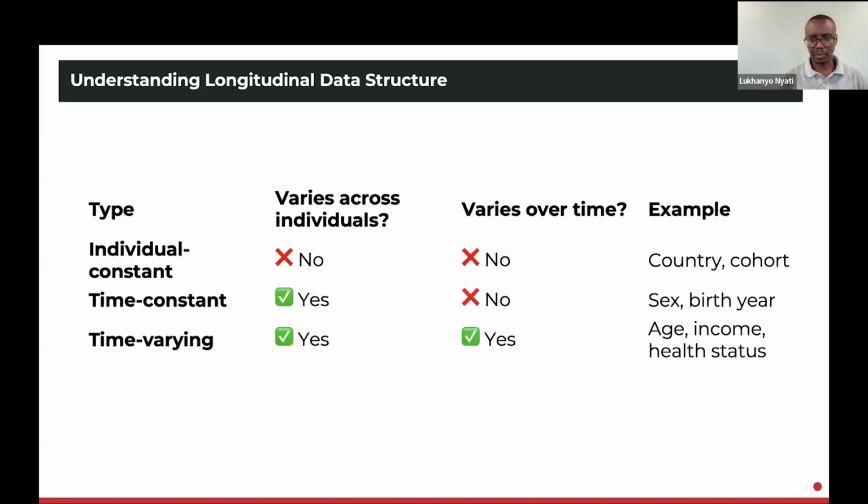And these are different examples of these types of variables. So, for example, if you've got a data set like I mentioned yesterday, the global data set where we had data from 6 countries, including South Africa, country is a constant variable for all children from South Africa. So we collected data between birth and 24 months.